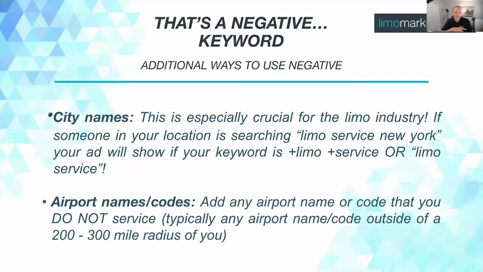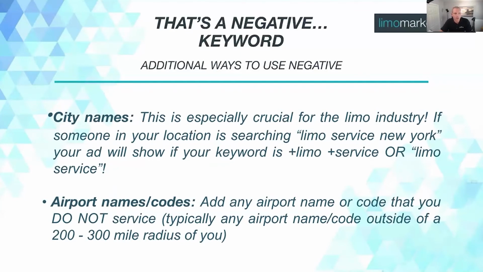So these things I just learned over the years. City names is a huge one. You really want to add any city that isn't within 300 to 500 miles from you on your negative keyword list. Here's why. Someone will search, just like that example I gave at the very beginning.